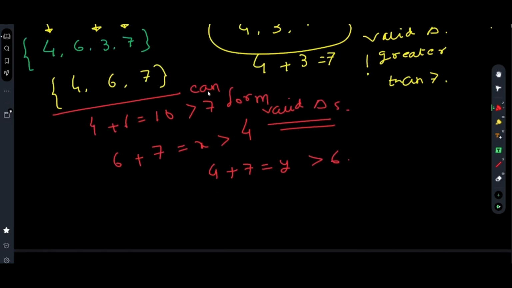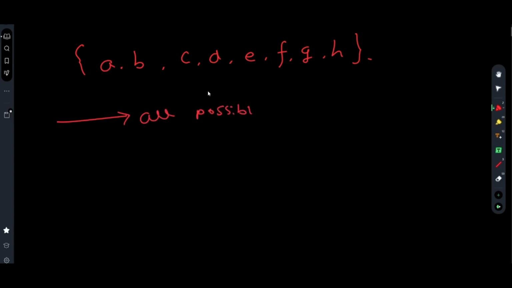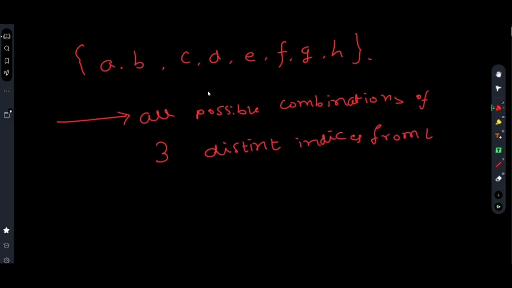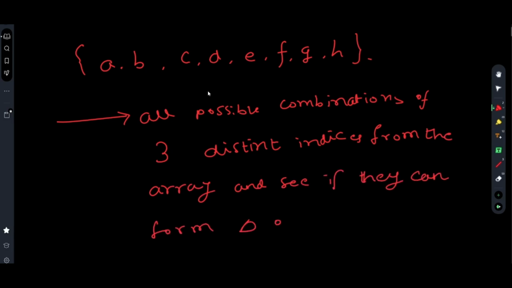Alright, so what is the immediate approach that comes to the mind after getting this particular problem? Let us say your array provided is A, B, C, D, E, F, G, and H. The immediate approach that comes to your mind is you will take all possible combinations of 3 numbers, or 3 distinct indices from the array, and see if they can form a triangle or not.